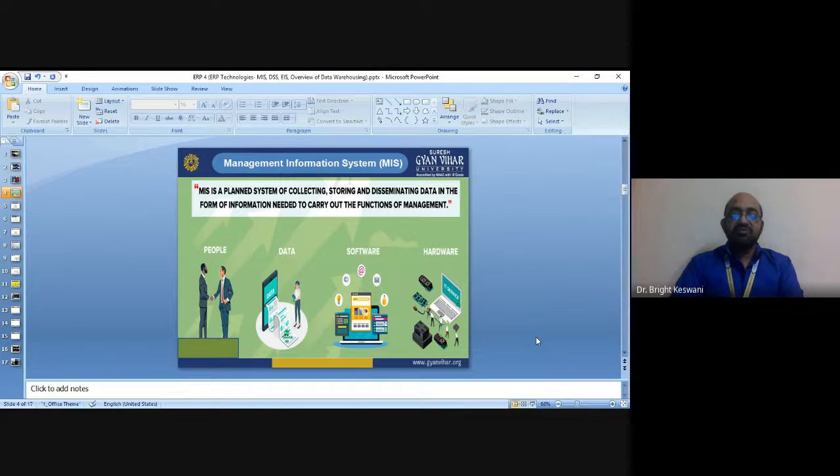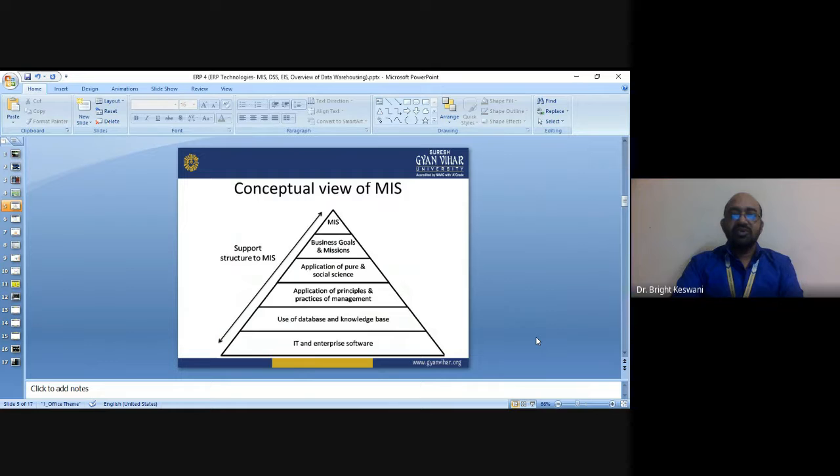This is the conceptual view of MIS, where you can see the MIS at the top, and business goals and mission, application of pure and social sciences, application of principles and practices of management, use of database and knowledge base, and at the end, IT and enterprise software.